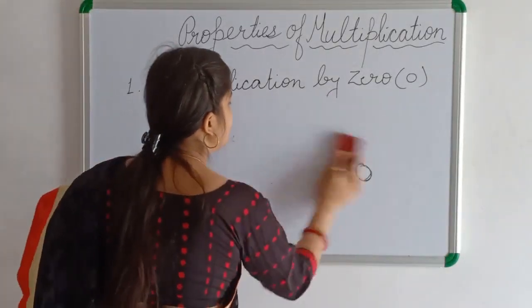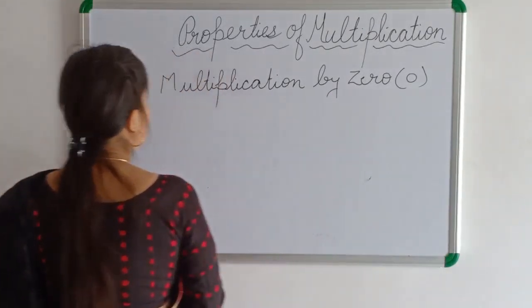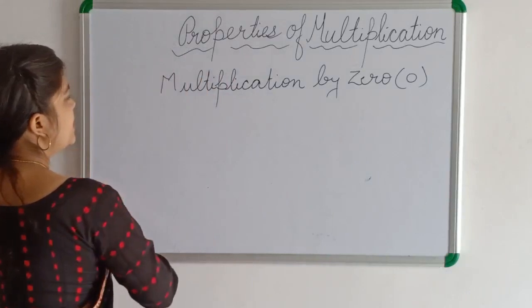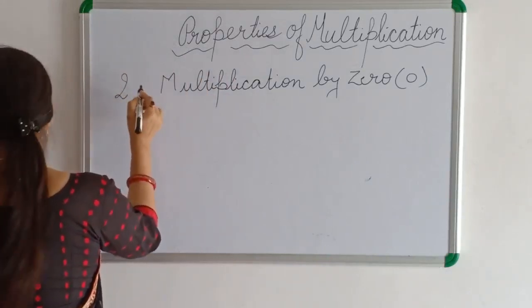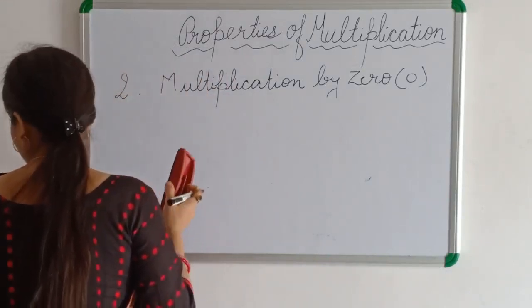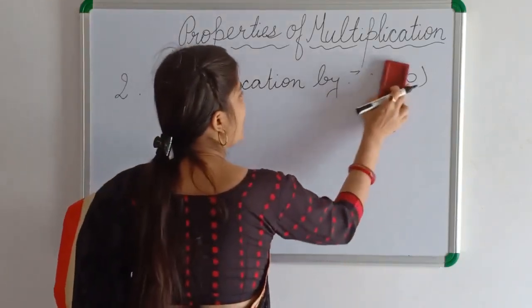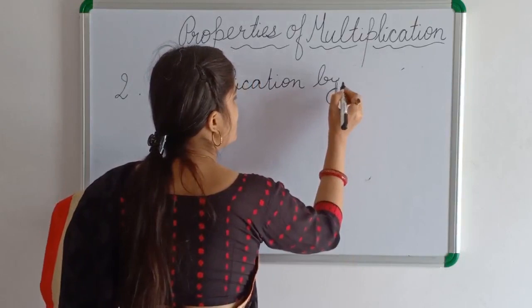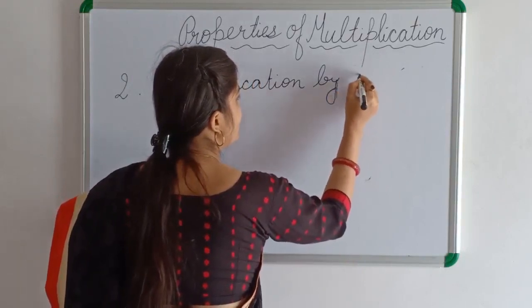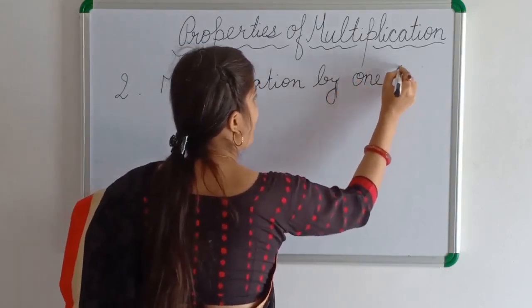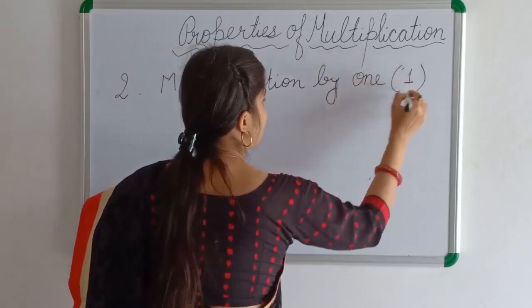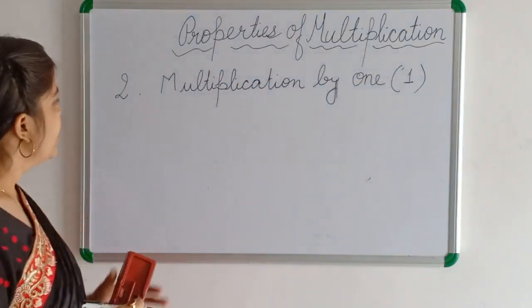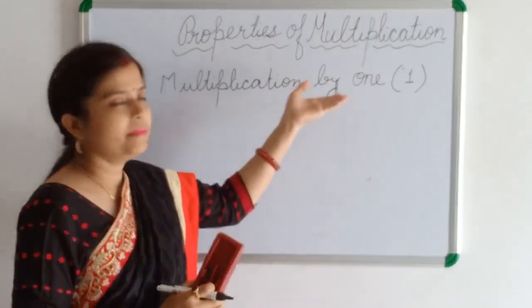Now the second property of multiplication: multiplication by 1. Again by the name you can understand, multiplication by 1.